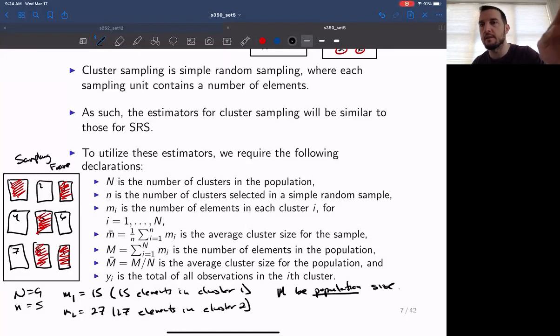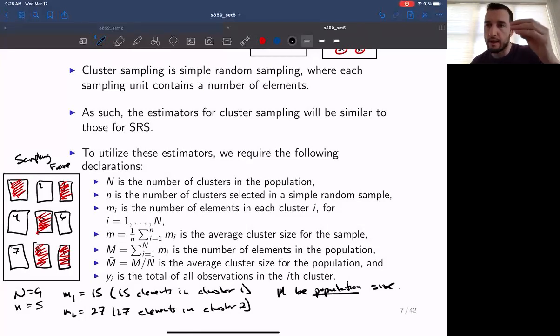In the cluster sampling scheme, the little n and the capital N represent the number of clusters. So in that sense, it is consistent with the definitions that we had for the simple random sampling approach, because for the simple random sampling approach, we let capital N and little n represent population size and sample size.